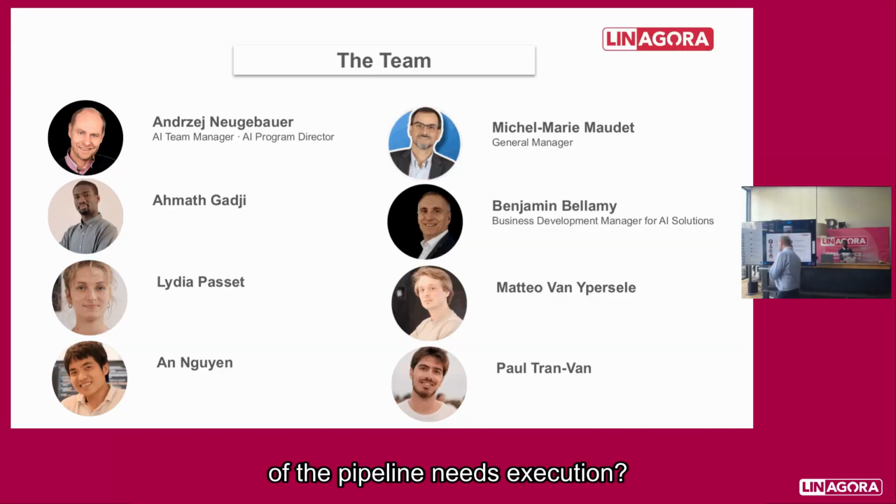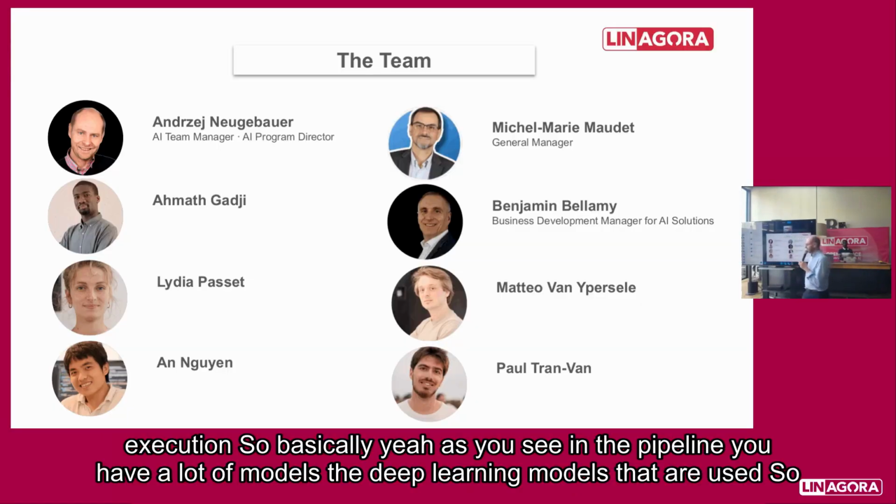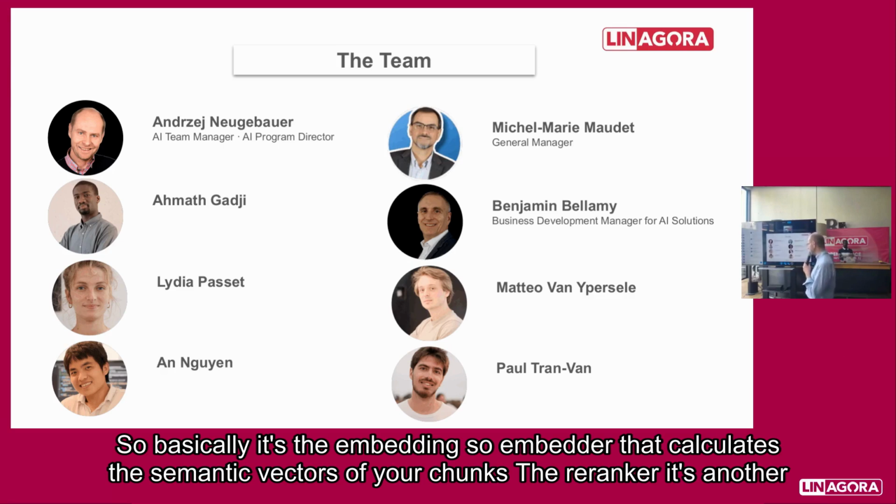Okay, which part of the pipeline needs GPU execution? So basically, as you see in the pipeline, you have a lot of deep learning models that are used. There is the embedder that calculates the semantic vectors of your chunks.